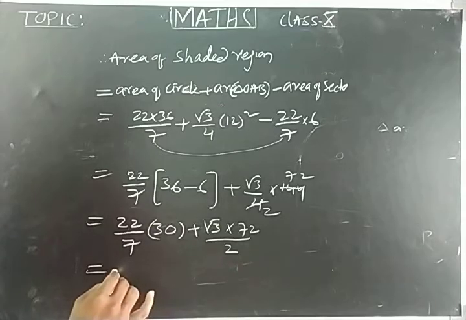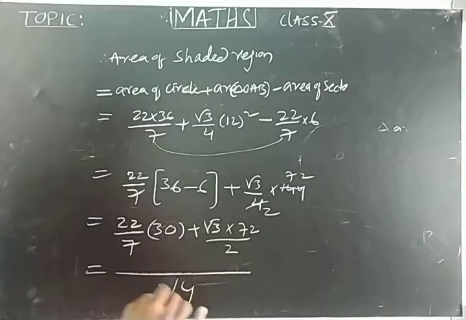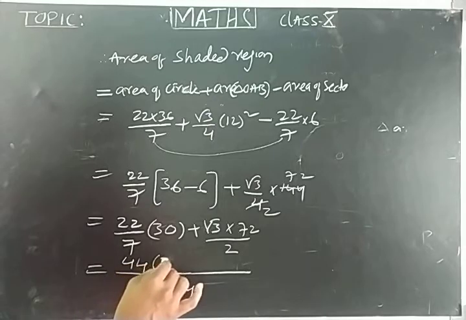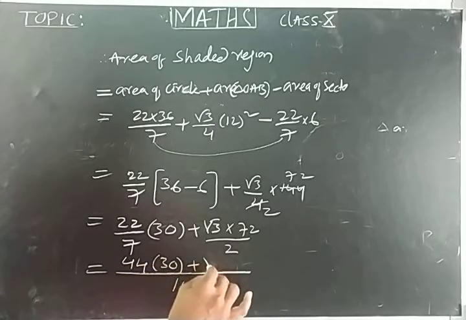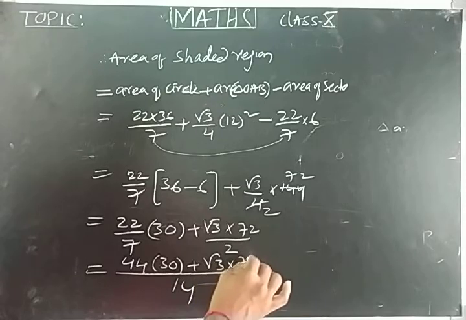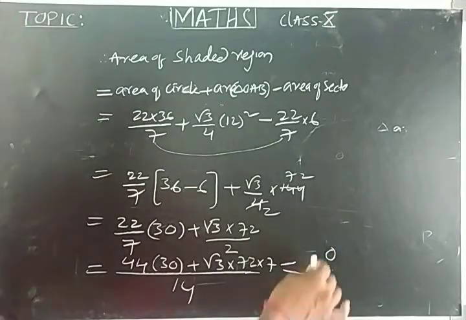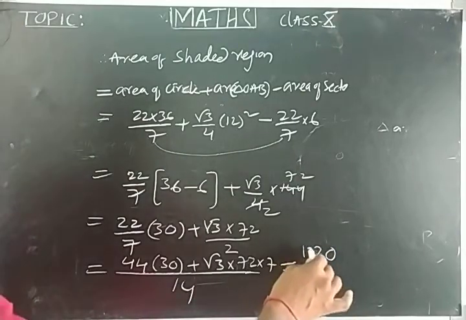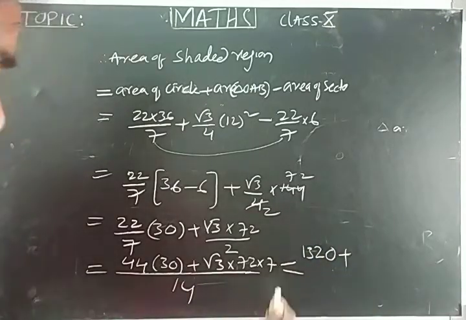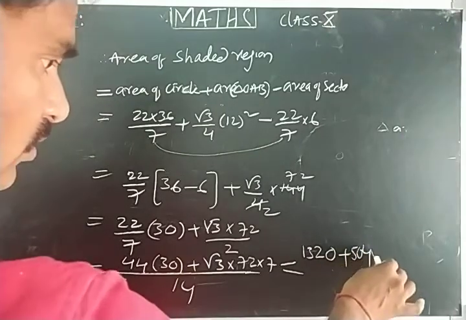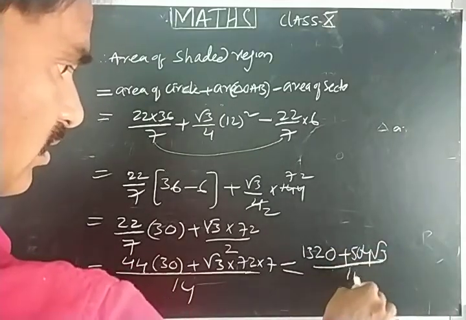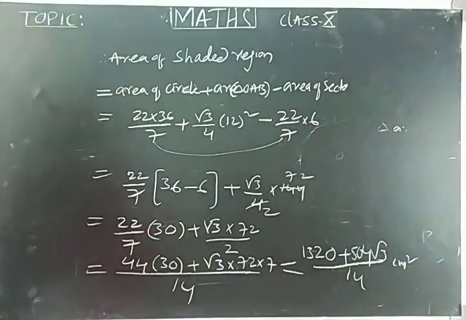By taking LCM, 14 is the LCM: 44 into 30 plus root 3 into 72 into 7. So 44 into 30 is 1320, plus 7 into 72 is 504, root 3 by 14 centimeters square. This is the required shaded region area. Okay, right.